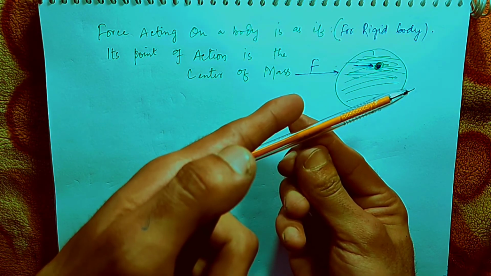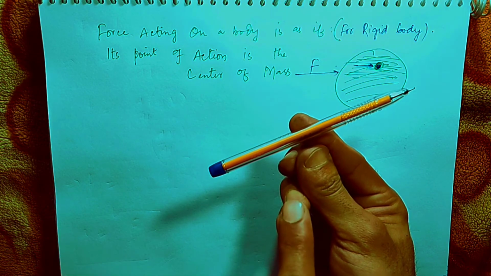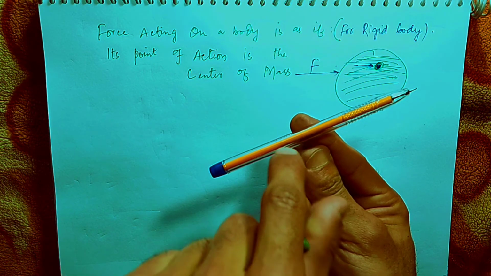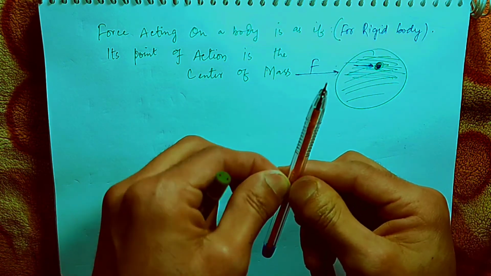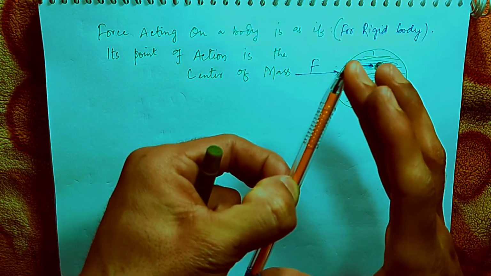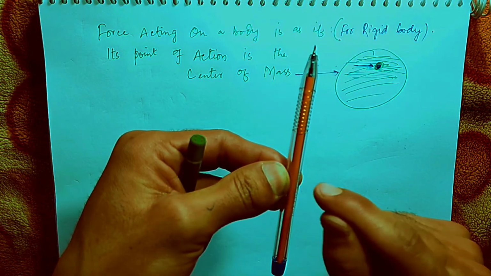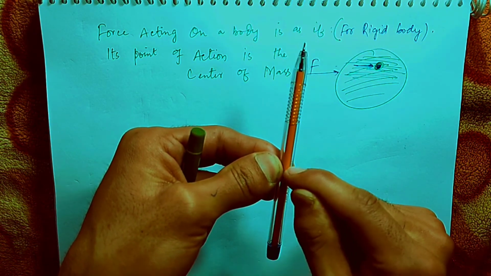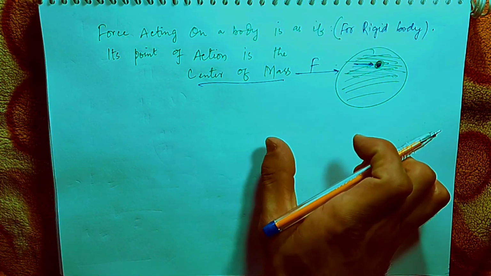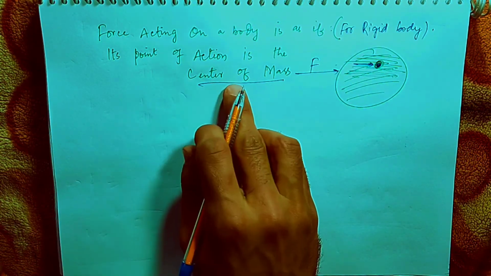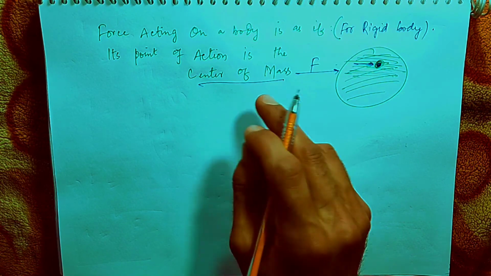But the action of my force is at only one point, and in this case the center of mass is at this tip. Although the body is huge, the force acts as if it's acting only on the center of mass. So the force acting on a rigid body is treated as if it's acting on the center of mass.